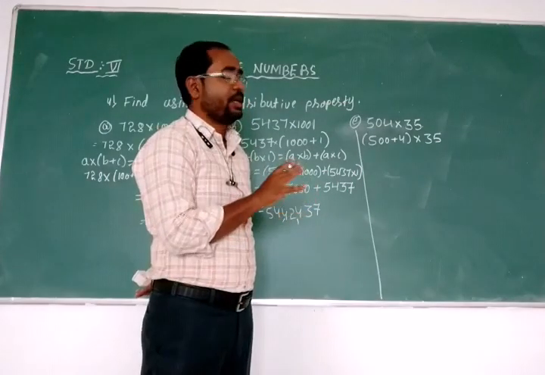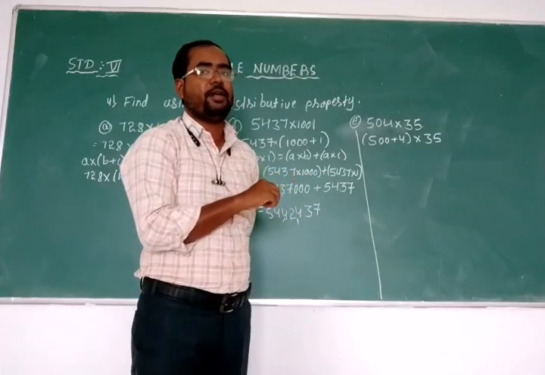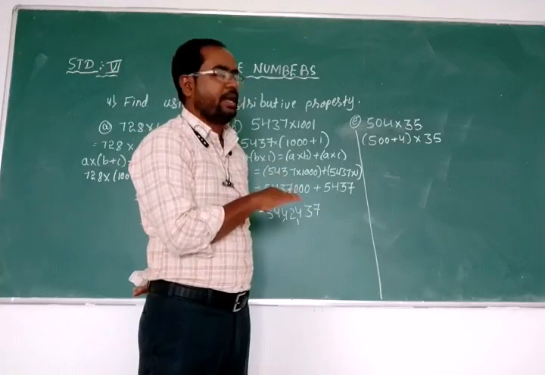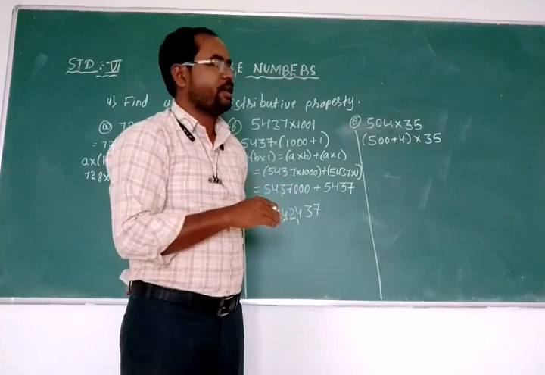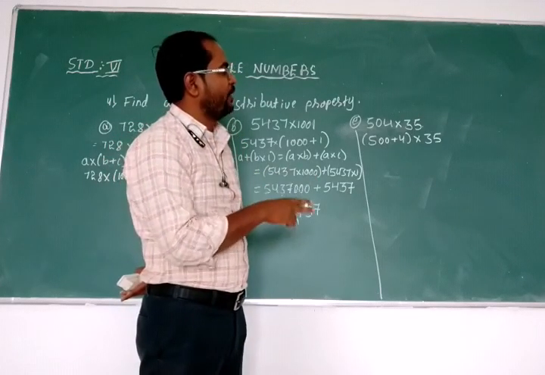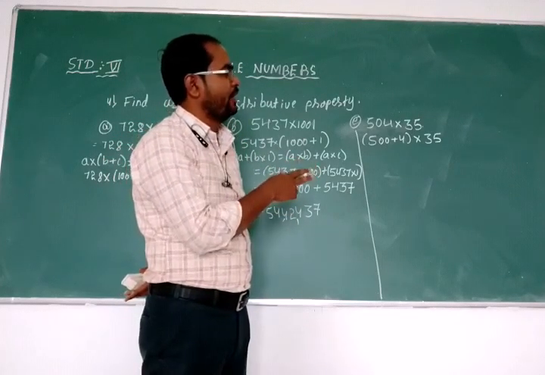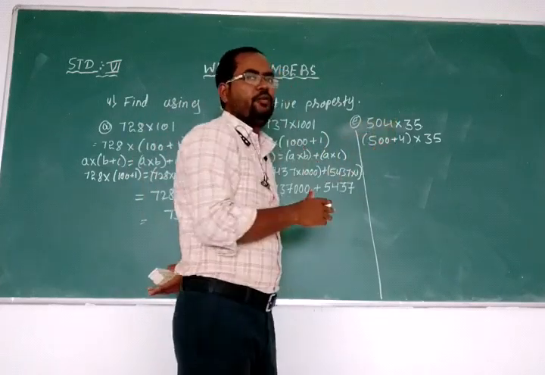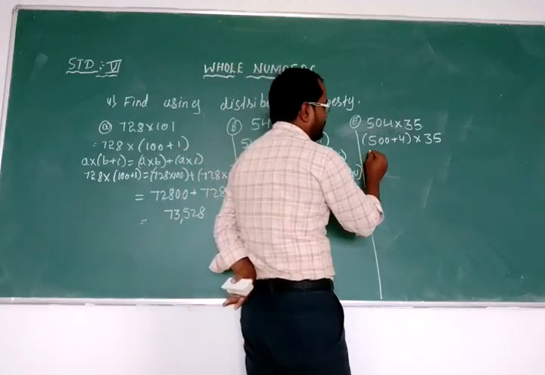Which makes your calculation easy, that number you will split here. 504, I can write it as 500 plus 4, so the calculation will become easy over there. If you split 35 as 30 plus 5, again you have to multiply 504 with the 5. So better you split 504. That makes your calculation simpler.